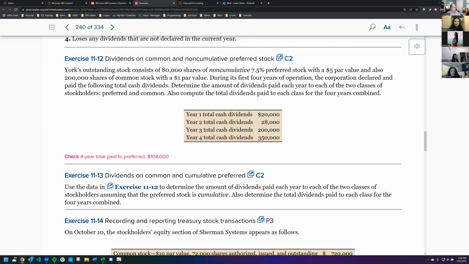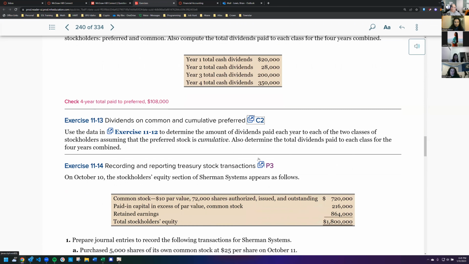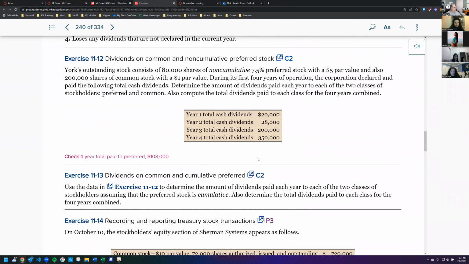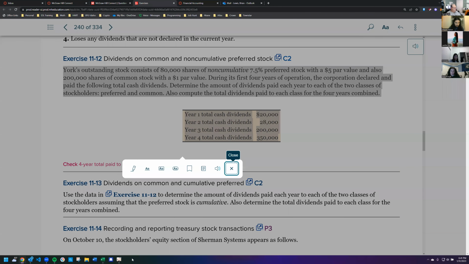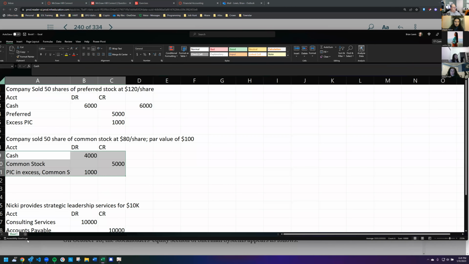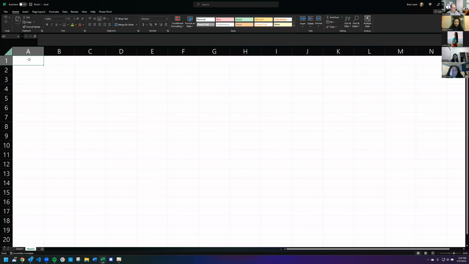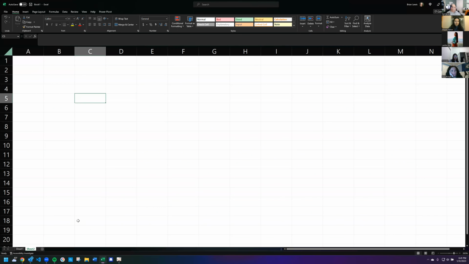Dividends on common and non-cumulative preferred stock. I think we want to look at cumulative. I think this is one. Let's just try this. So we'll pick this off and come over here to good old Excel. Let me make this bigger. Did not come over.